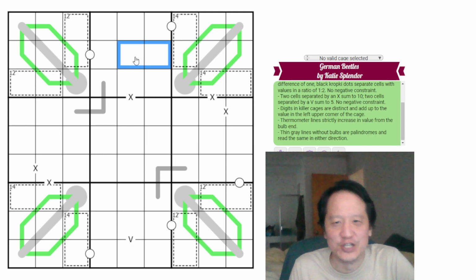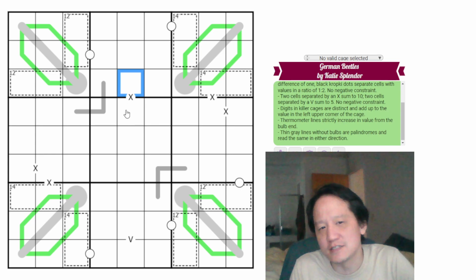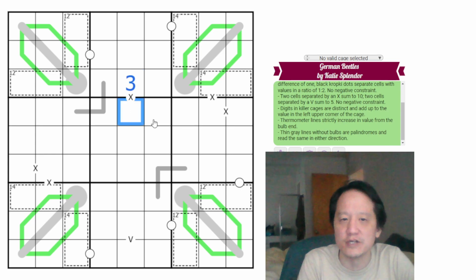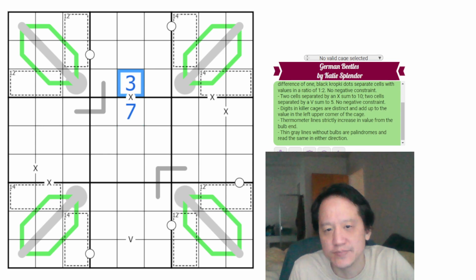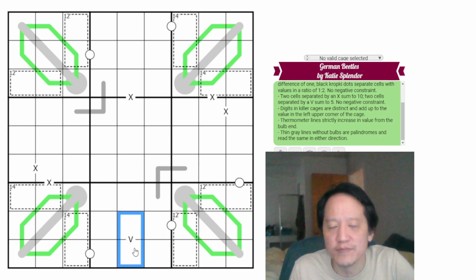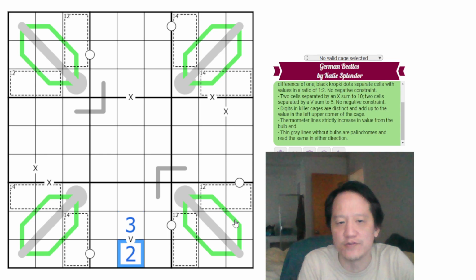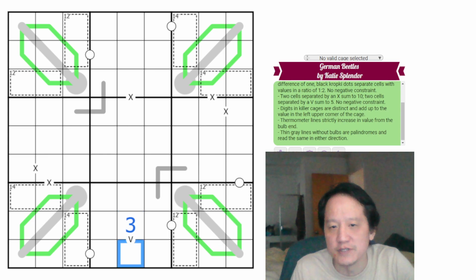I'm not doing a very good job explaining, but basically X means that, say this was a 3, this would have to be 7 because they would have to add up to 10. And same thing with a V. If this was a 3, this would have to be 2 because they have to add up to 5.